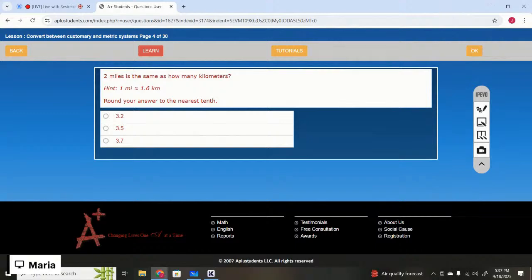Two miles is the same as how many kilometers? That is 3.2. Option number 1 is the correct option.